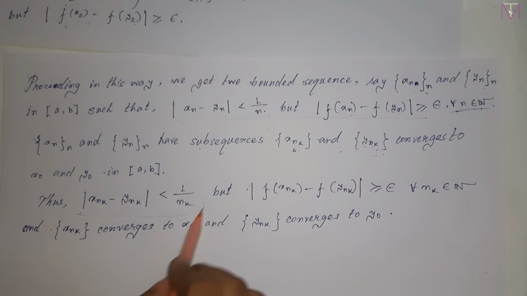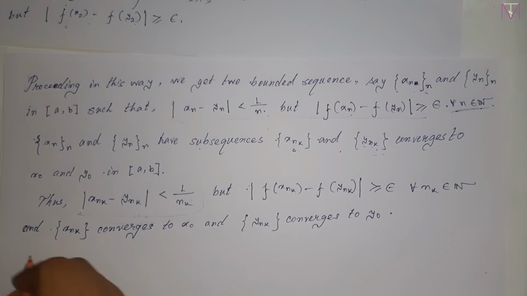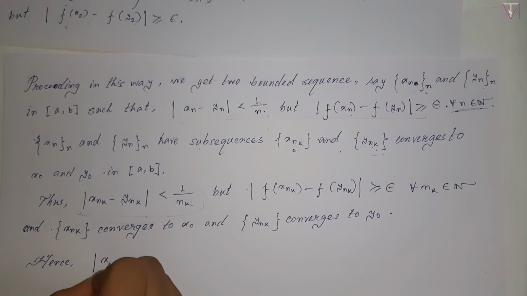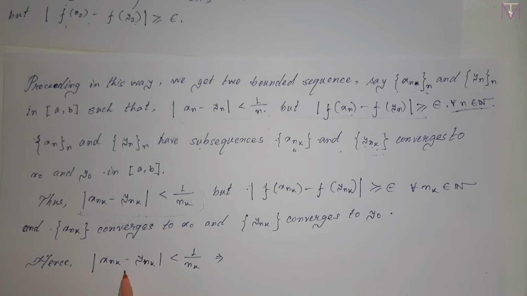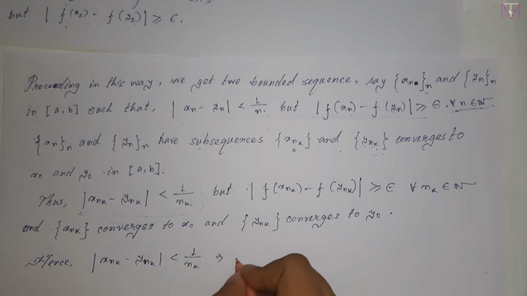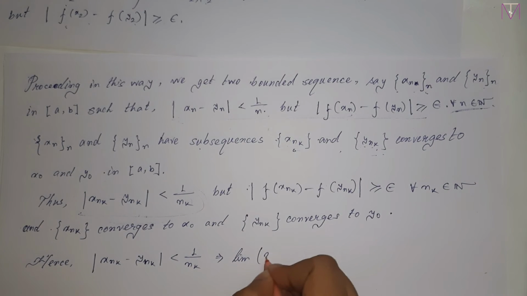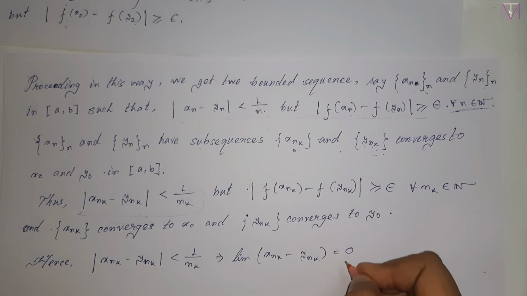Now we use this condition: |xnk − ynk| < 1/nk. So this implies that the limit of (xnk − ynk) is equal to 0.